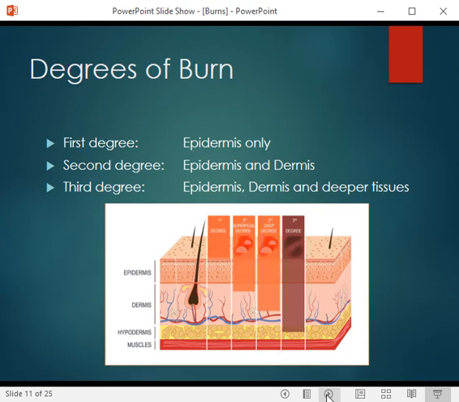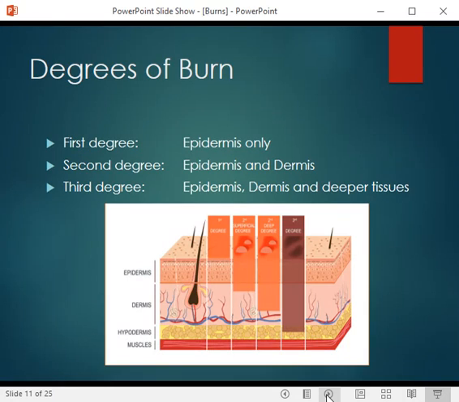The second thing we consider are the degrees of burns. Degrees are very much similar to the depth of the burn. When we consider the depth of the burn, we consider four categories. In degree of burn, we consider three categories: first degree, second degree, and third degree. But in this, we sometimes divide the second degree into second superficial degree and second deep degree.